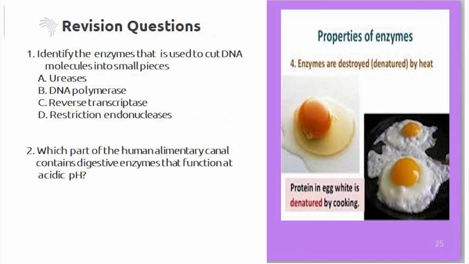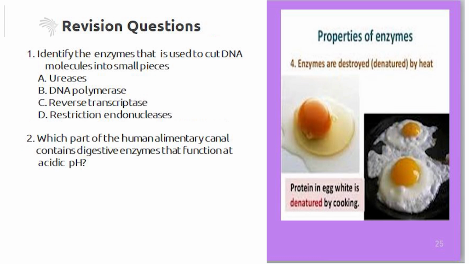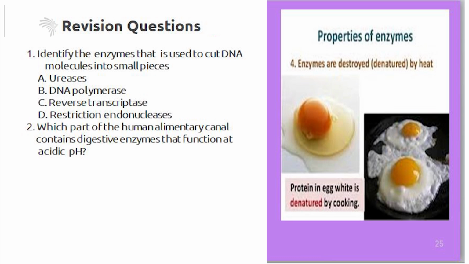Second question: Which part of the human alimentary canal contains digestive enzymes that function at acidic pH? A. Stomach, B. Mouth, C. Esophagus, D. Small intestine. The answer to this question is A, stomach.